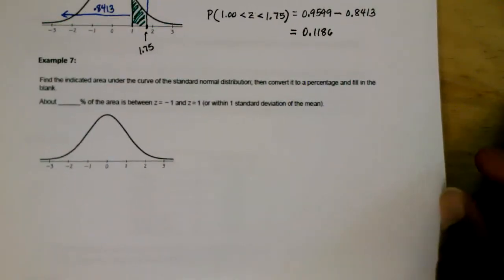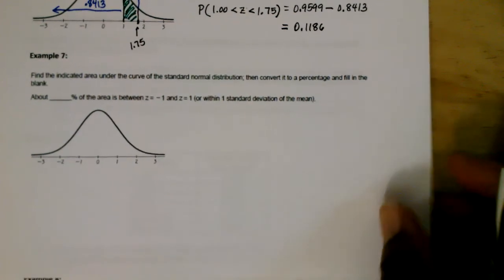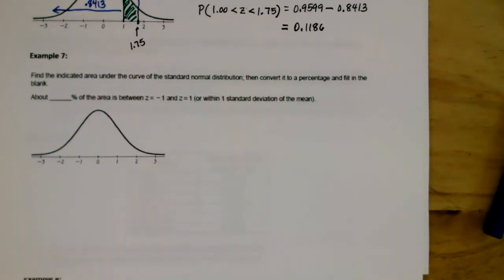Okay. Here's another example of finding probabilities here. Given z-scores, find the indicated area under the curve in the standard normal distribution, then convert it to a percentage and fill in the blank. And it says here about blank percent of the area between z equal -1 and z equal +1, or within 1 standard deviation of the mean.